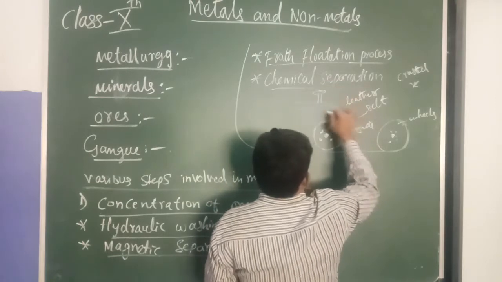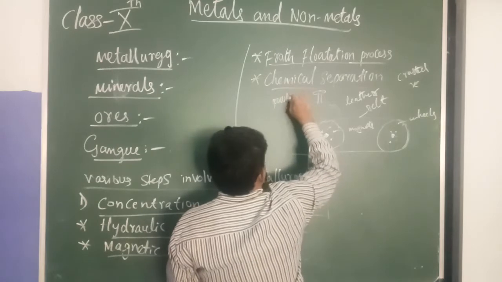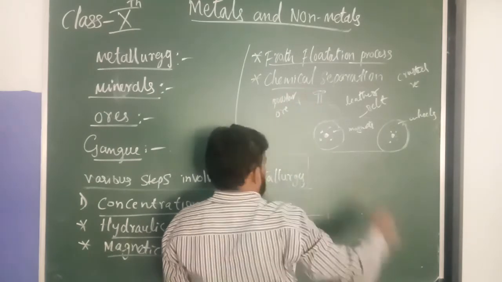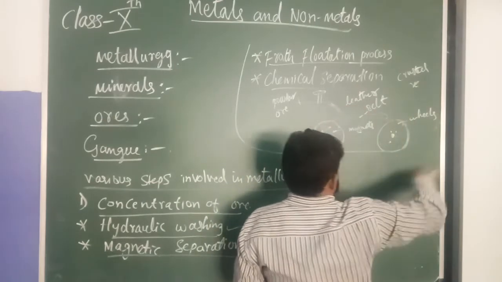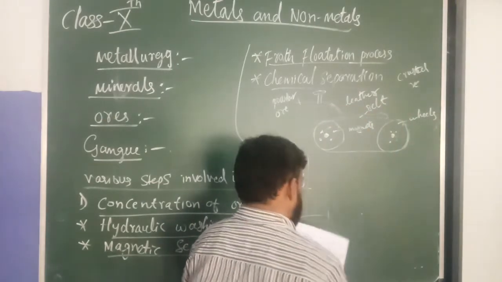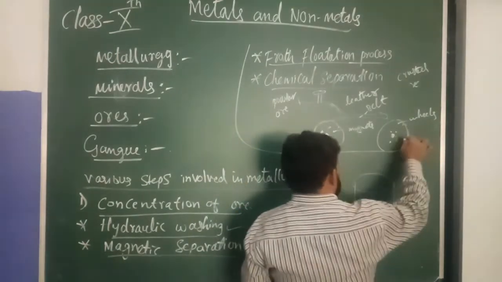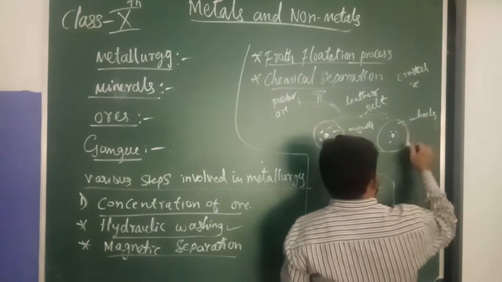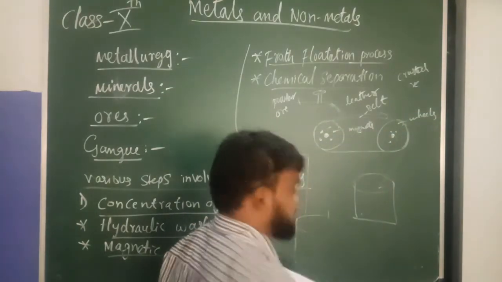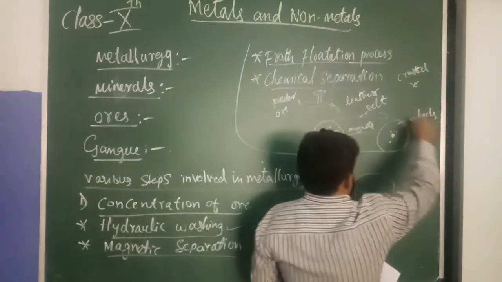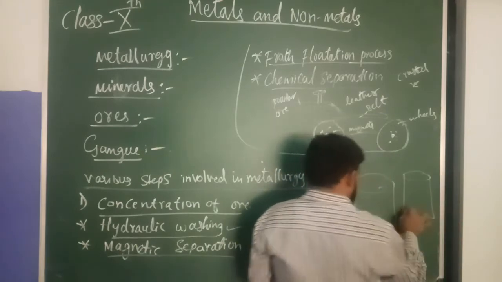From the tap, this is powdered ore, right? If you drop it onto the belt, this wheel will pass. The leather belt will rotate and the light particles will come down. The heavy particles, the ore, will contact with the magnet, and slowly they will come down into another container. This is the other container.